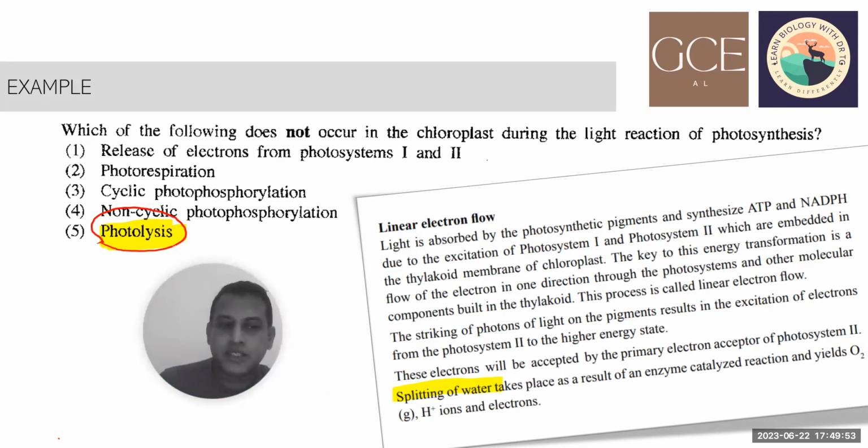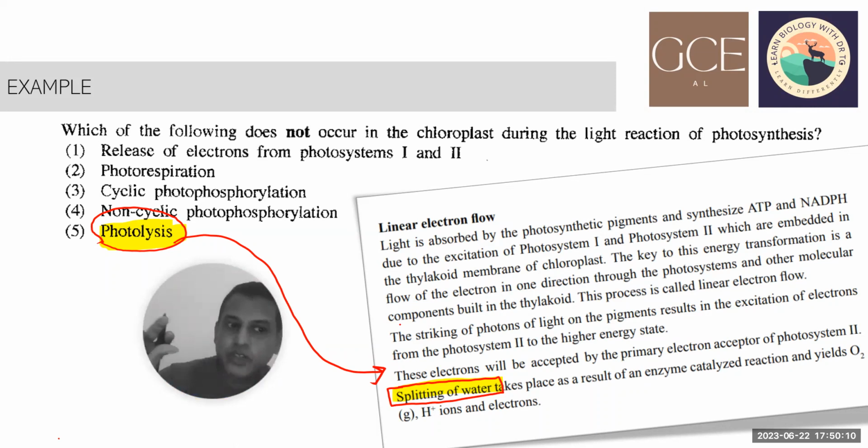But this word is not in the resource book. Instead, the resource book uses a similar thing, splitting of water. Splitting of water is equal to photolysis. It's the same. Splitting of a water molecule is called photolysis.